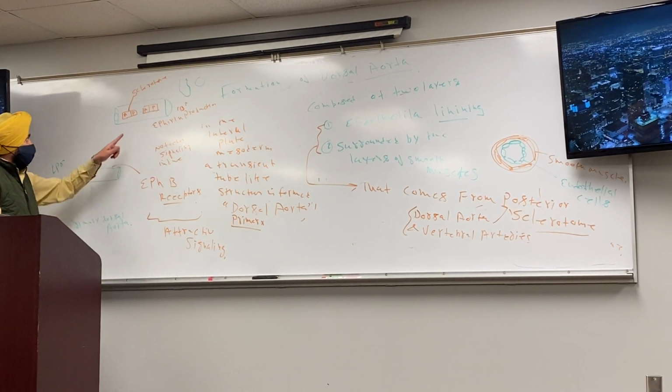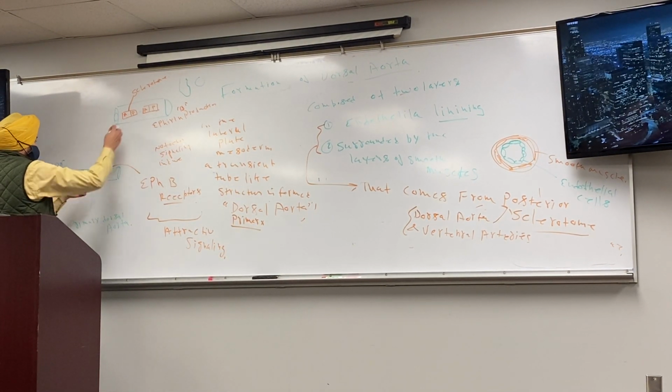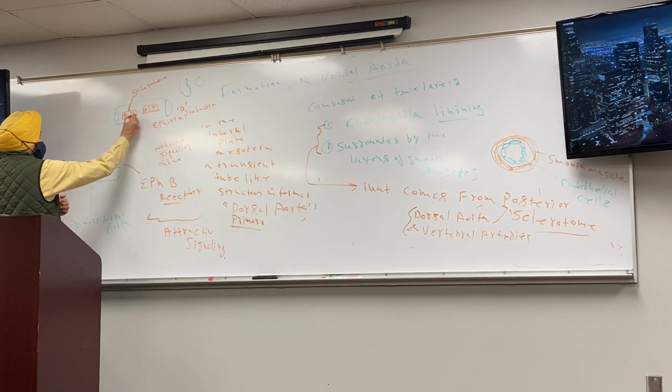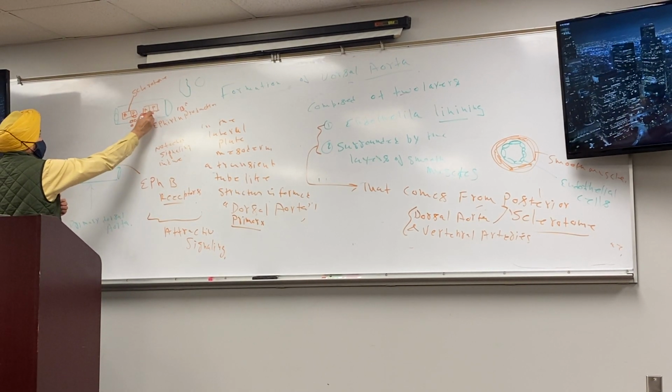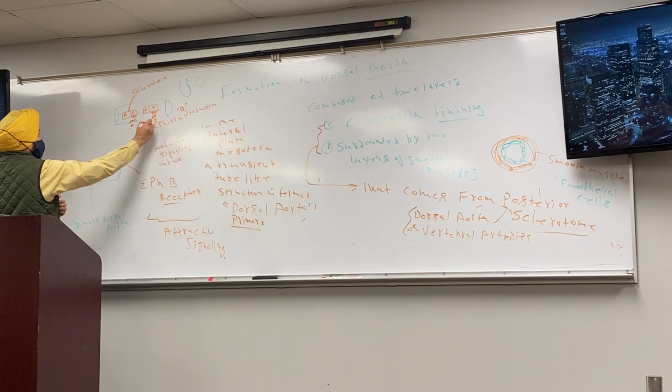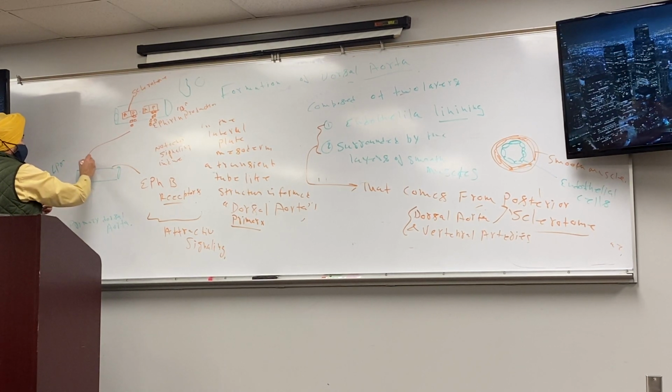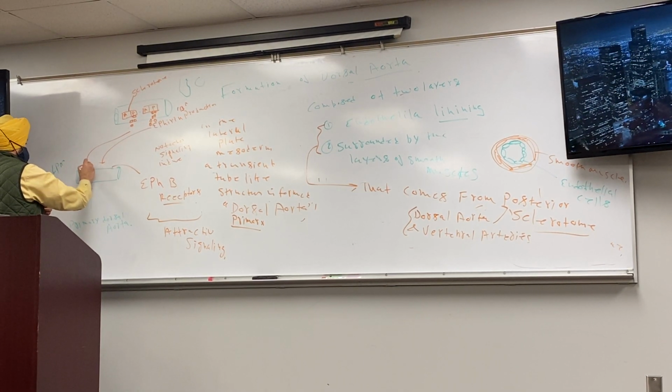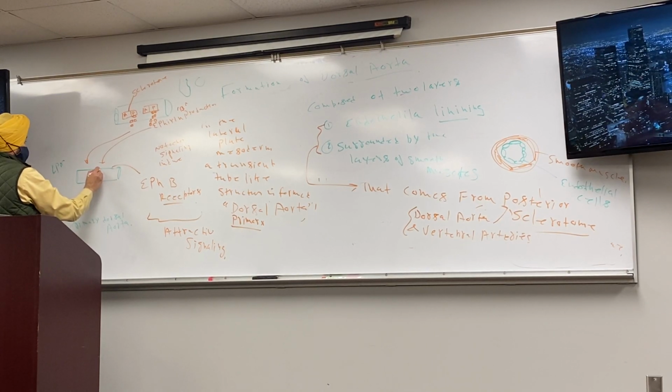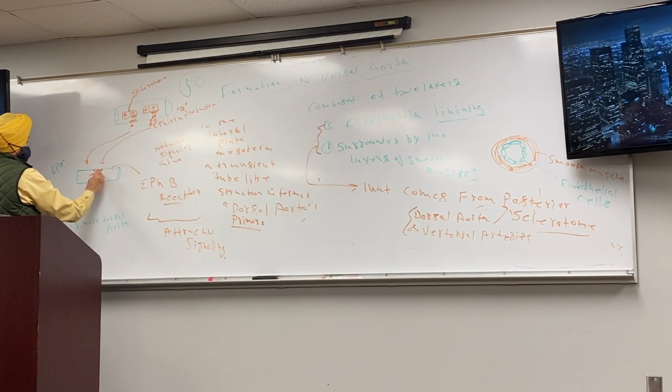So here what happened? These ephrin signaling cells, which were right here coming from the posterior, start migrating into the primary dorsal aorta.